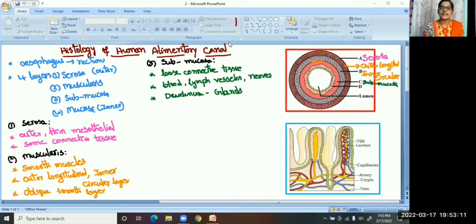And the next layer, the innermost layer, is mucosa. This is the mucosal layer. This mucosa lines the lumen of the alimentary canal.